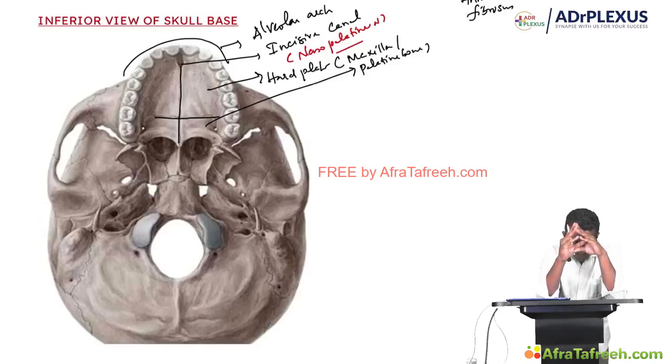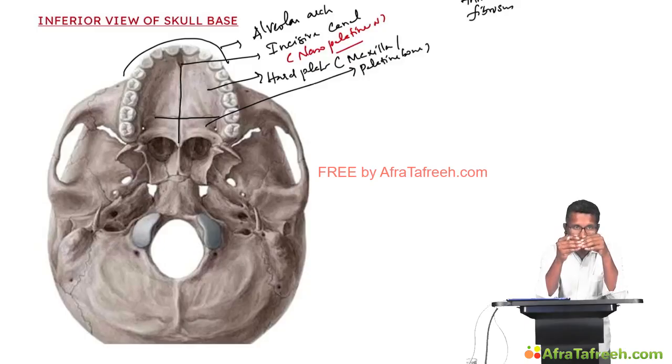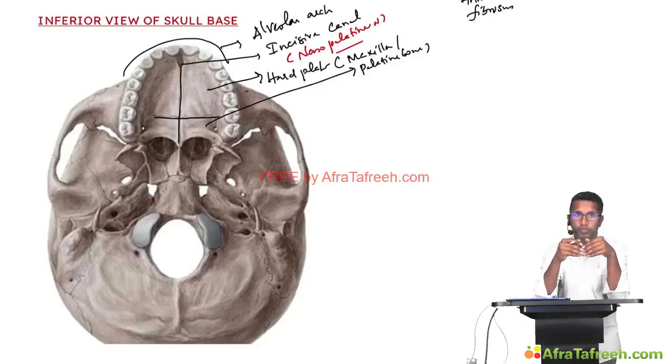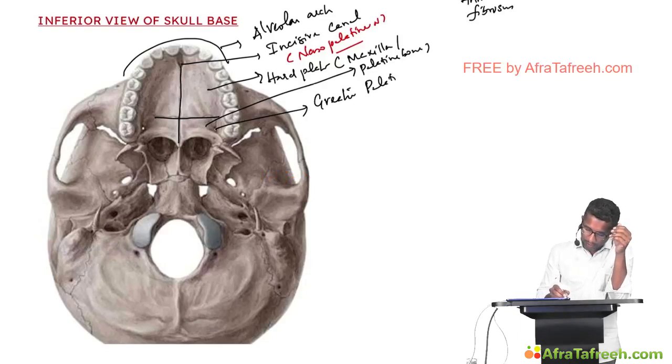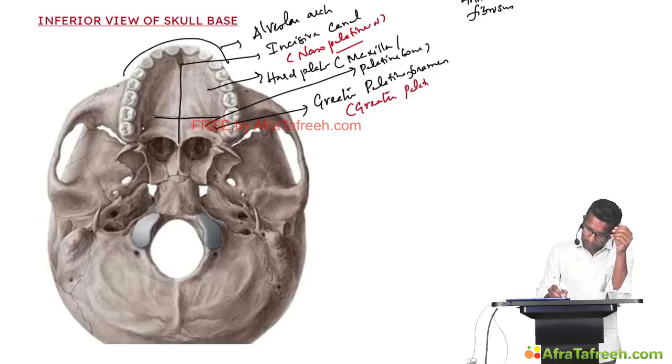When you go just behind the cruciform suture, you see a foramen here. This foramen is called the greater palatine foramen, which transmits the greater palatine nerves and vessels.